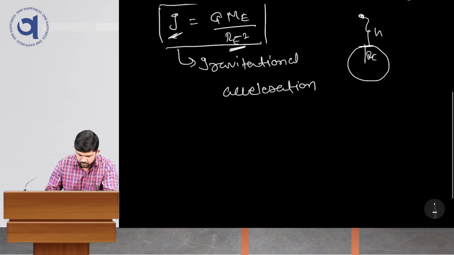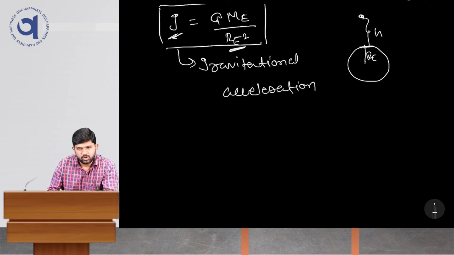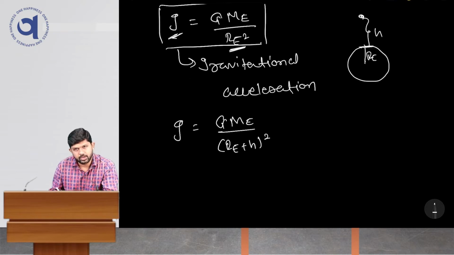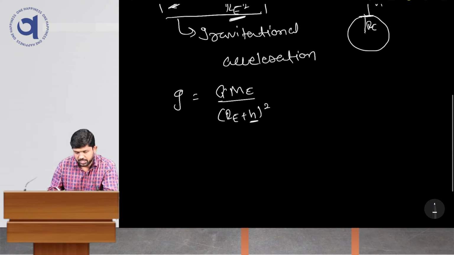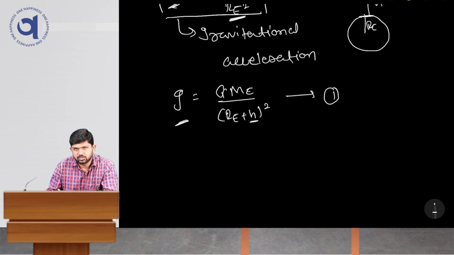Now this equation will be modified: g is equal to G me divided by (re plus h) square, taking the total distance from the earth's center in the denominator. If h is comparable to re or greater than re, then to find the gravitational acceleration we must use this equation. Let us call it equation number 1.